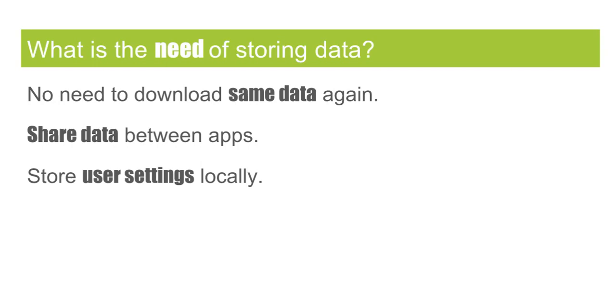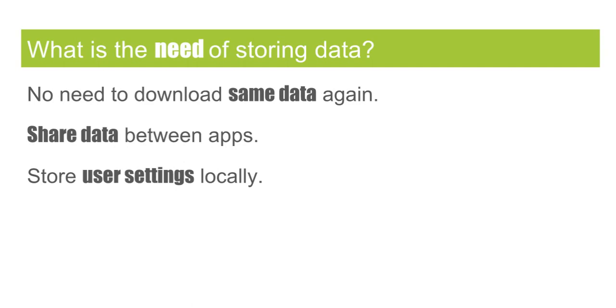The other reason is storing user settings locally. Take the example of a social networking app like Facebook or WhatsApp. The user has to save different preferences. For example, the ringtone for the messages, the username, the profile name, other settings like notification turned on or turned off.